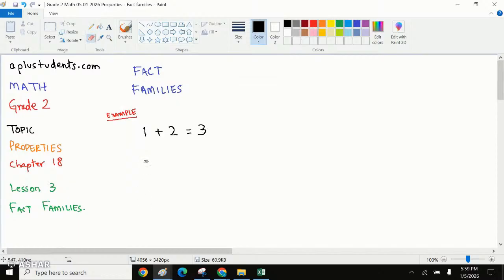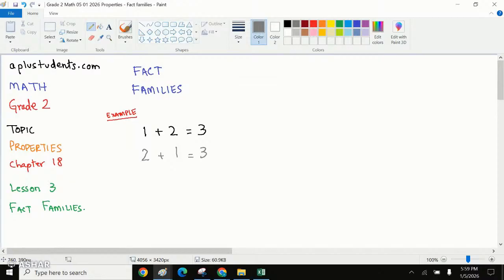And in addition, even if we change the order of the numbers, if 1 plus 2 was 3, and we change the order of the numbers, we say 2 plus 1. If it's 2 plus 1, it should still be equal to the same result, right? That would still be equal to 3. Agreed?